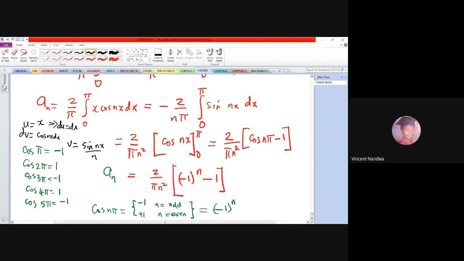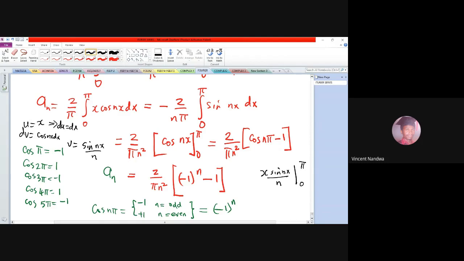So u times v will give you x sine nx over n. When you put in the limits from 0 to pi, and you put pi for x here, sine of multiples of pi will give you 0.